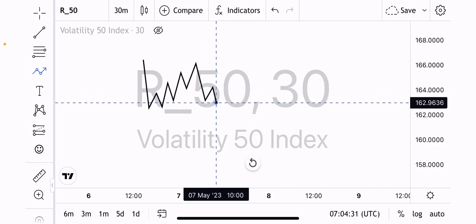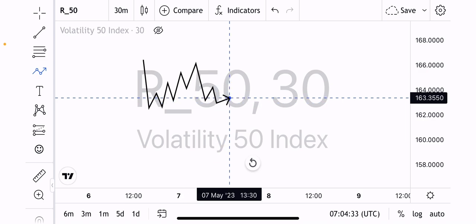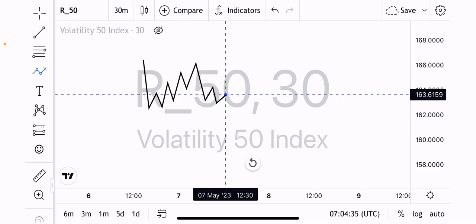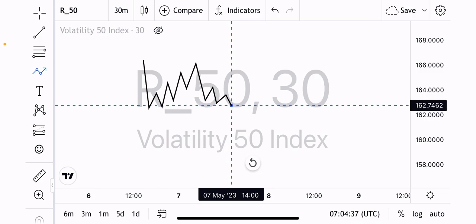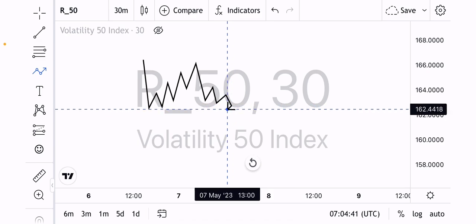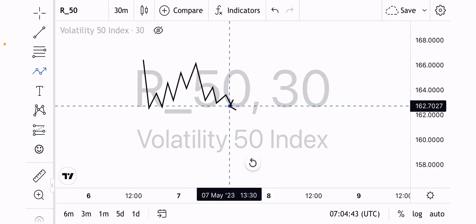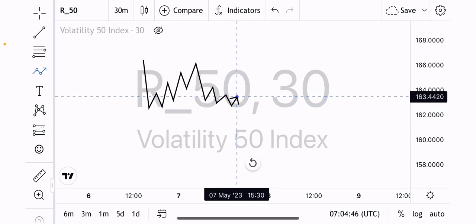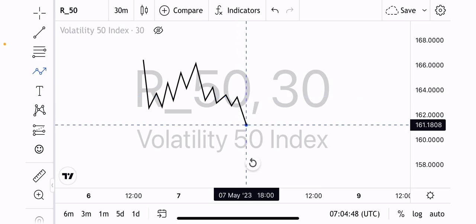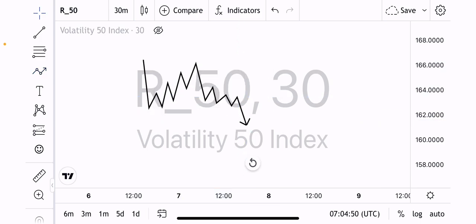The market does something like this. Now, what do we classify as the origin?